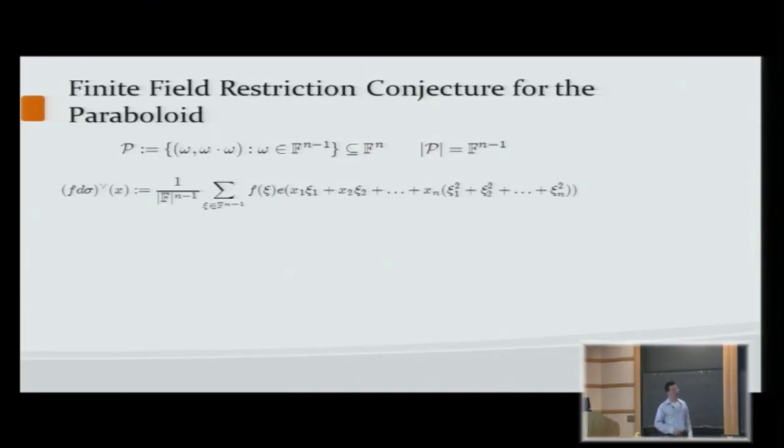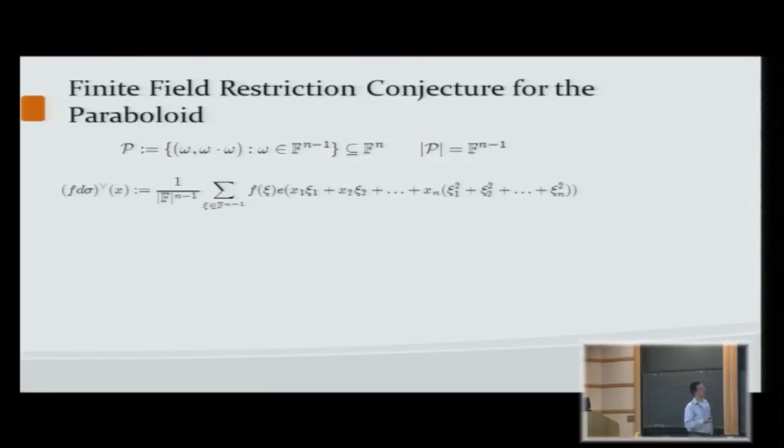And so now I form this operator, this exponential sum associated to this paraboloid. If I just write out the definition of what I defined earlier, it's a quantity that looks like this. I start with a function on this n minus 1 dimensional set.